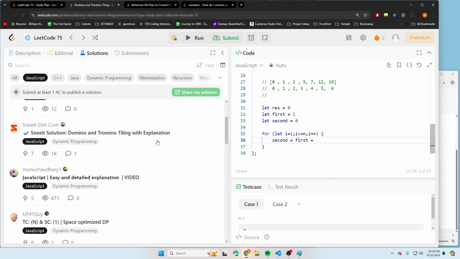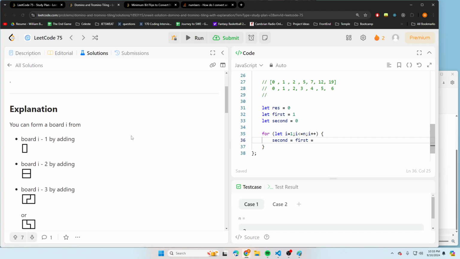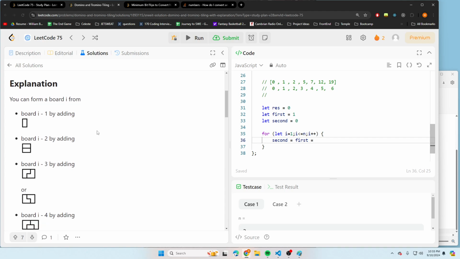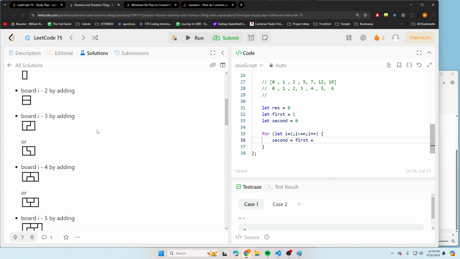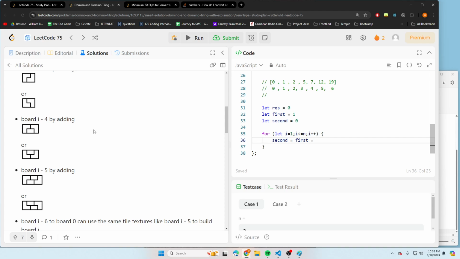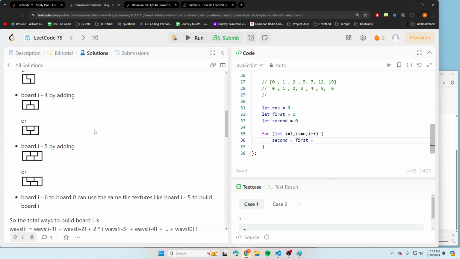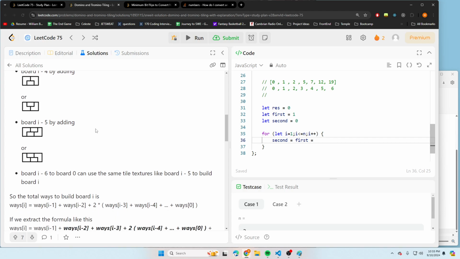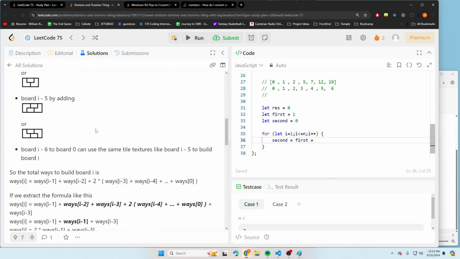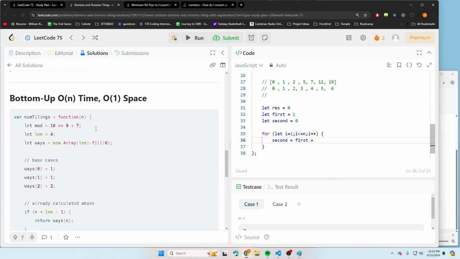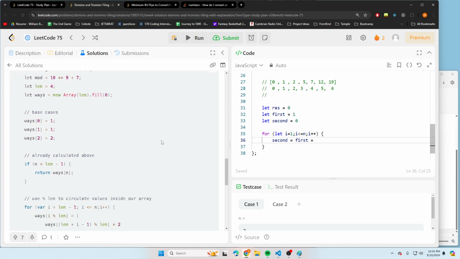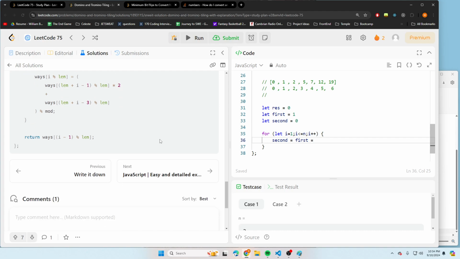I hate those solutions. Yeah, dynamic programming, I'm not having fun.